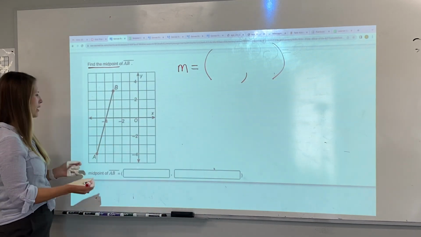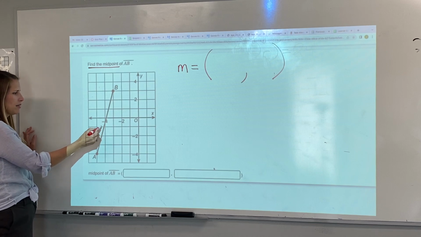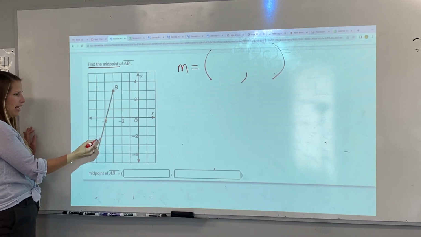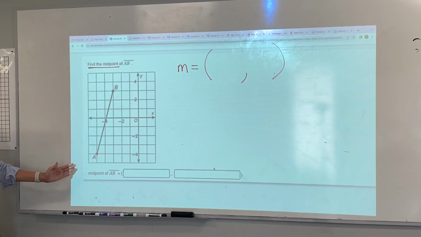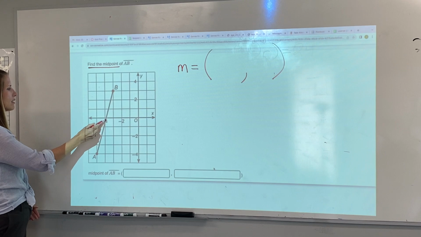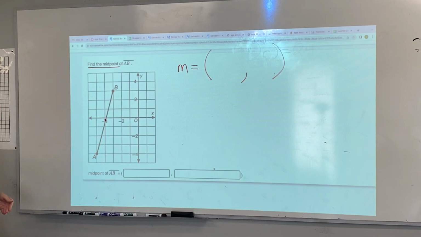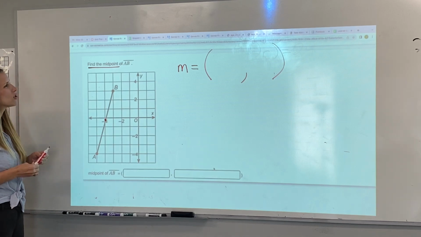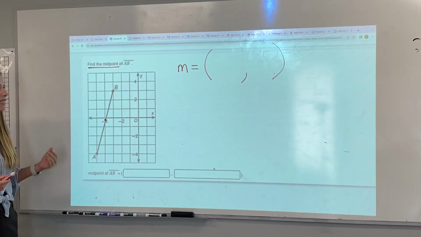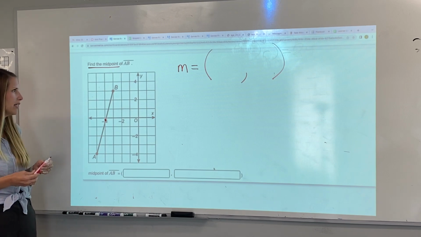To find your midpoint, it's going to be somewhere on this line in the middle, right? But since it's not a perfect eyeballing situation, we can maybe guess something along the lines of that, but it's probably going to be a decimal number or fraction coordinates. So we need our formula to get the exact number, okay?